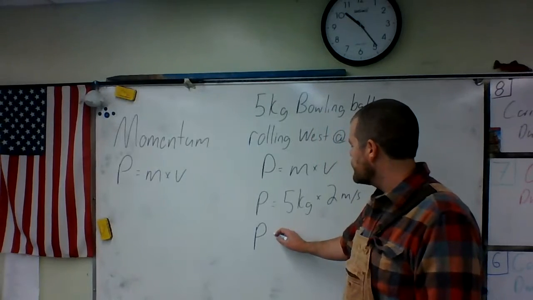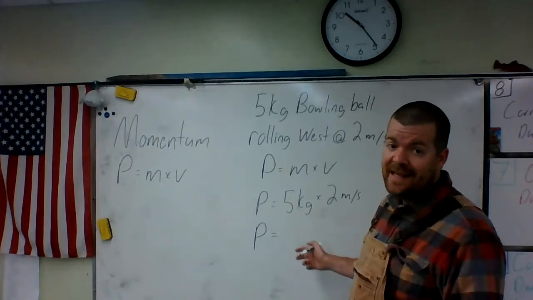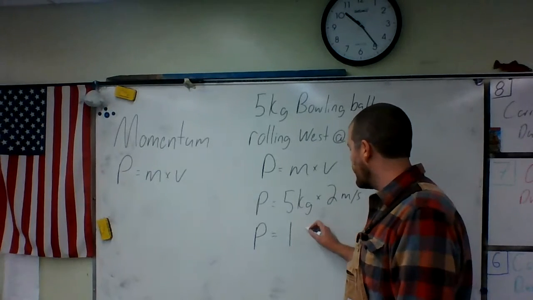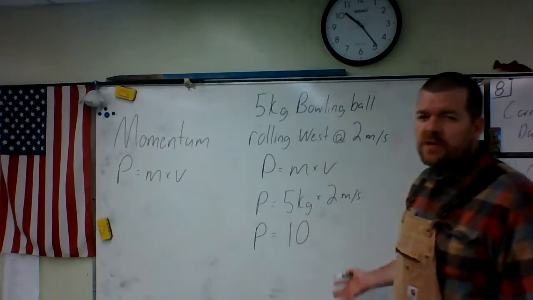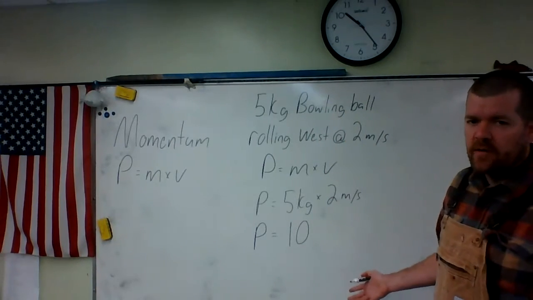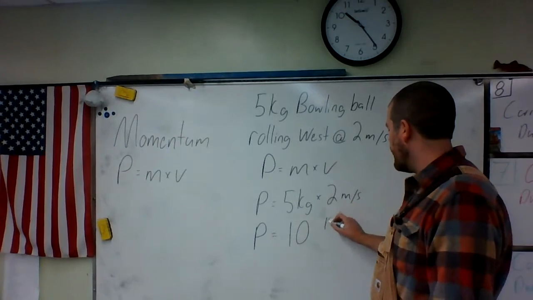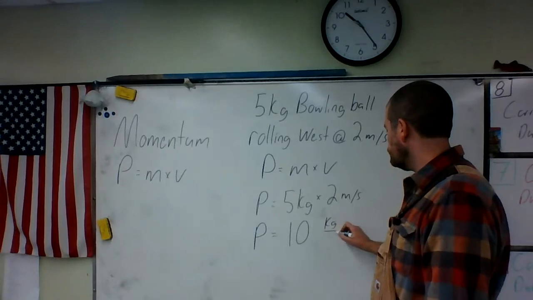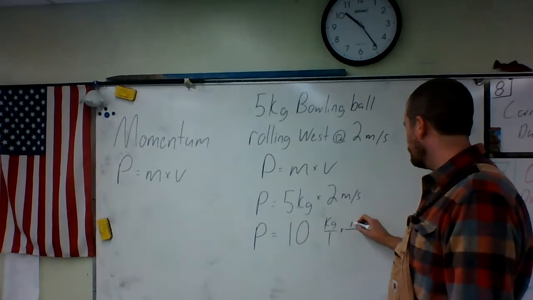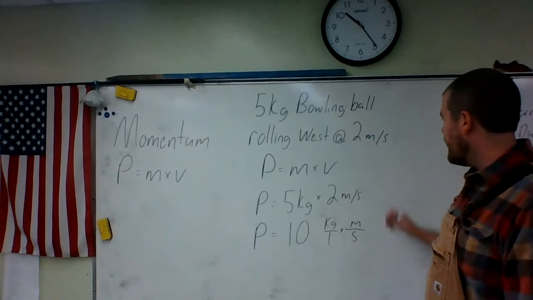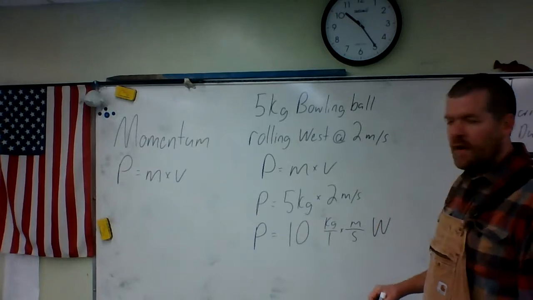So let's think about it this way. Let's just think about the numbers. 5 times 2 is 10. So our number that we're going to get out here for momentum is 10. And the question is really, what unit do we now use? Well, if you think about multiplying kilograms as a fraction by meters per second, and of course we do need to include that direction as some information in there, so the direction west.